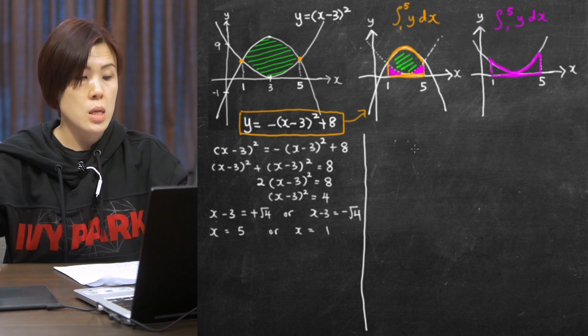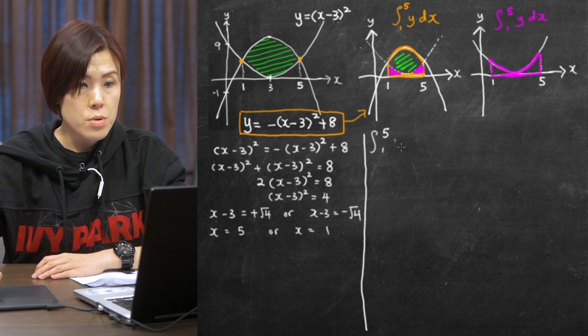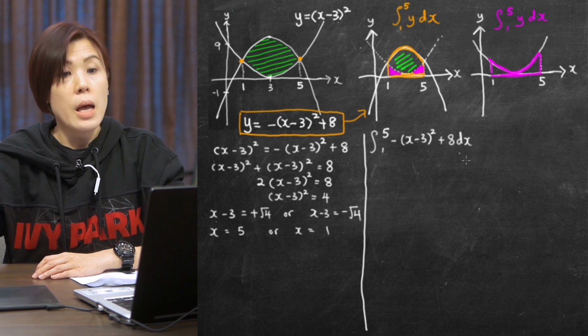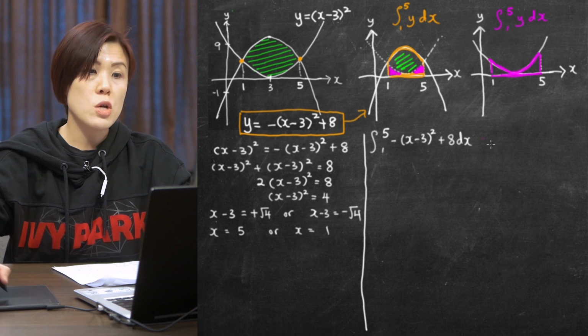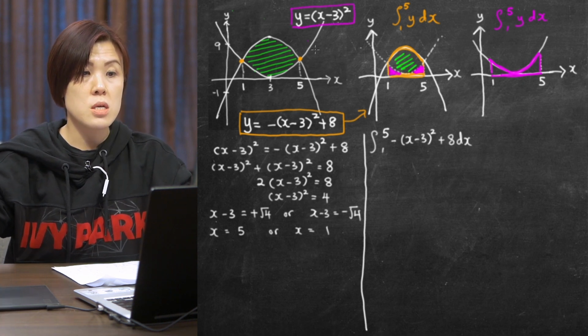So we have to use this equation to do integrations: integral from 1 to 5 of y dx. So I'm going to put negative (x - 3)^2 plus 8 dx. And minus the pink region. For the pink region, the equation we have to use will be this. This is the equation for this graph.